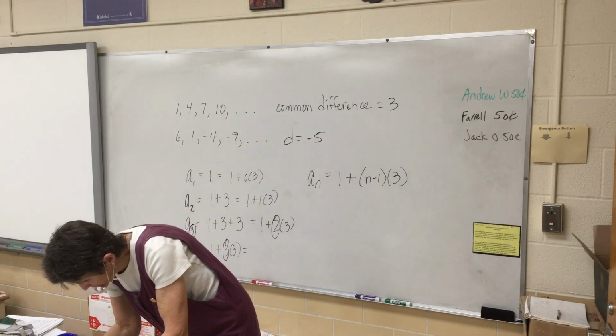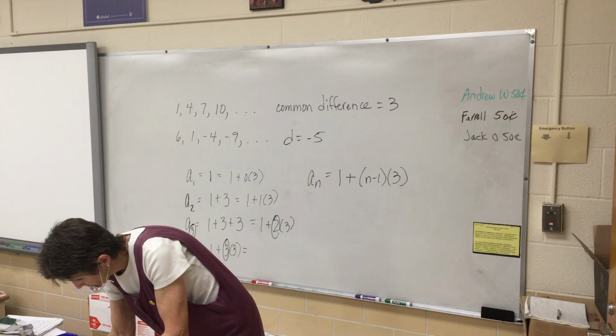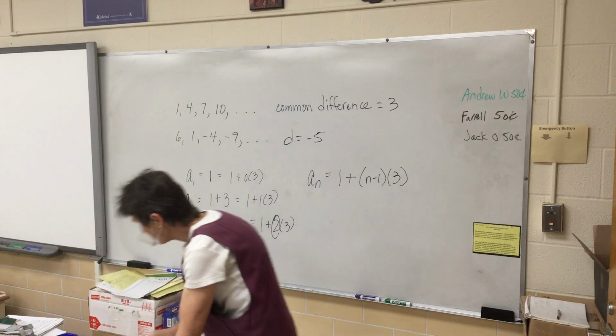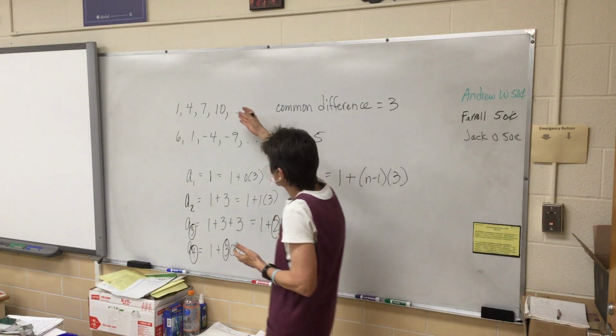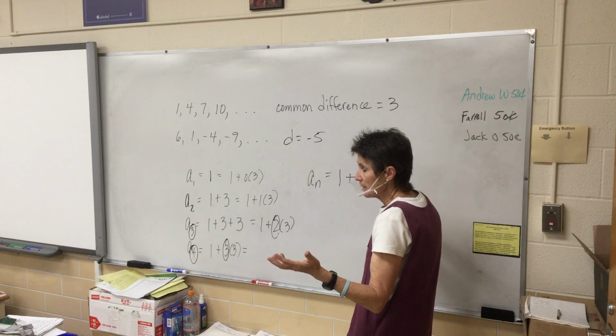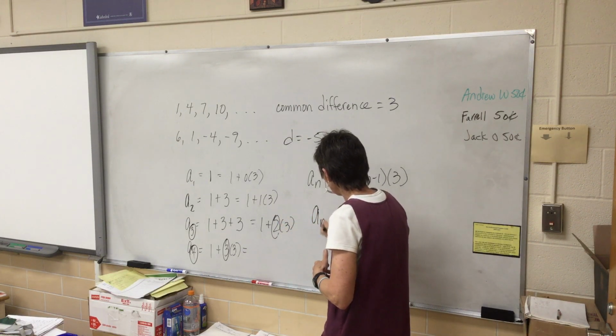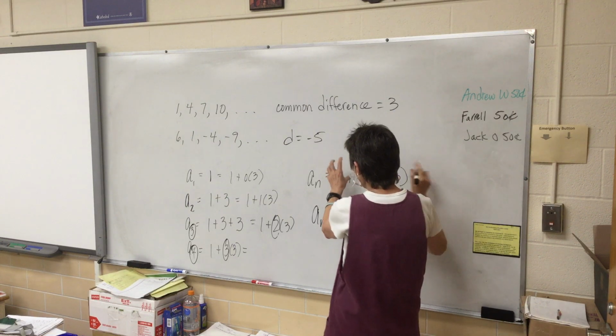All right. Now I need to generalize this, because I may never see this particular sequence again. So I don't need this formula. In general, where did this 1 come from? What does that 1 represent?